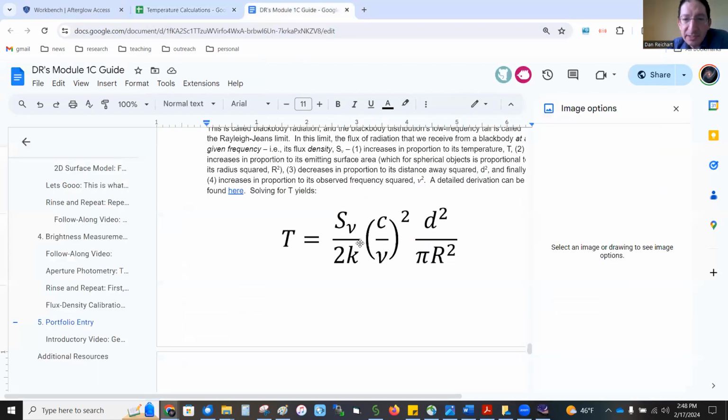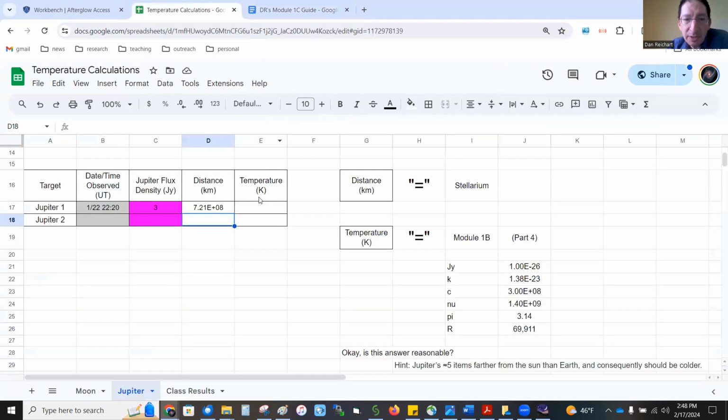For that, we're going to use this equation, but I'm going to do it in the spreadsheet. That temperature is equal to the brightness, the flux in Janskys. We multiply that by the conversion constant right here. Divide by 2, divide by Boltzmann's constant here.